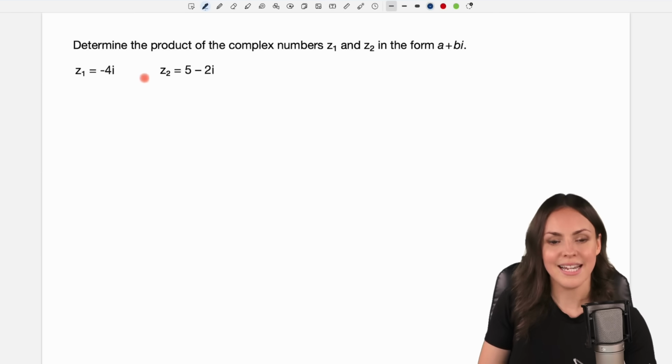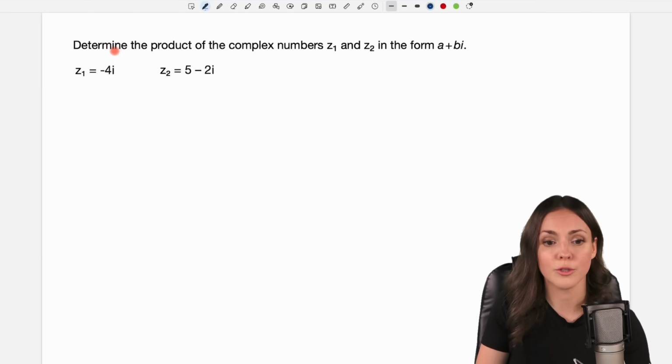Let's take a look at the second example. We shall determine the product of the complex numbers z1 and z2. This time there is an i in here, so this time this is a complex number. And here we also have an i in here, so this is a complex number as well. Let's multiply these two.